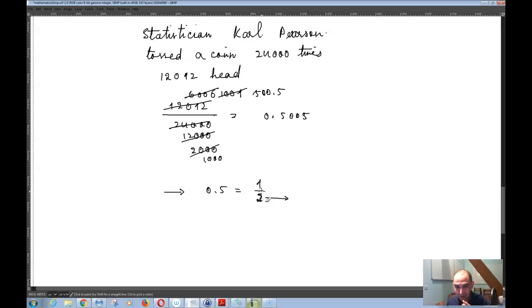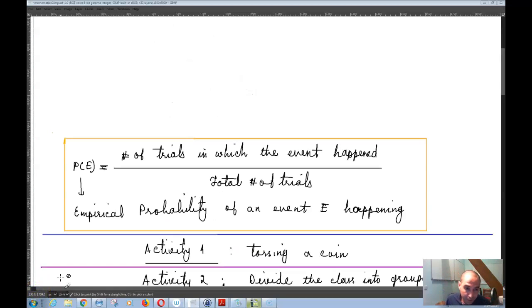In the other chapter we said that we define the empirical probability of an event E happening as the number of trials in which the event happened divided by the total number of trials.